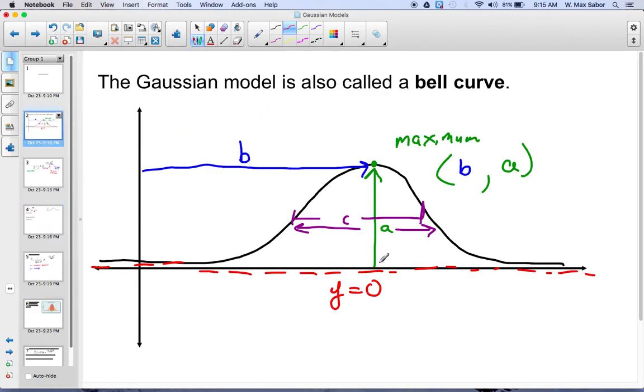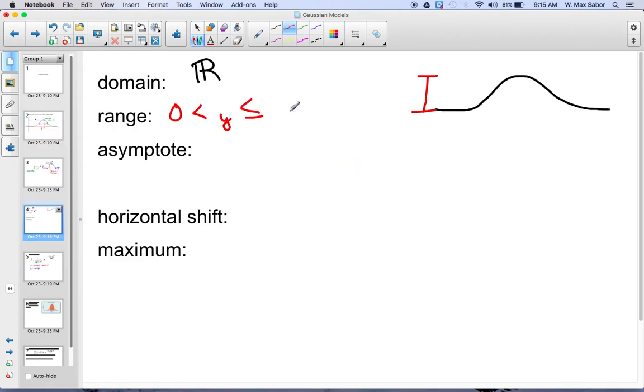If you look back here, the maximum value is based on the y coordinate, so that's from 0 all the way up to A. Your asymptote is consistently y equals 0. Your horizontal shift is B, and your maximum value is B comma A. You could call this a vertex, but people typically don't call it a vertex. If they just are looking for what's the maximum output, usually they're looking for just A if they're not looking for a coordinate pair.